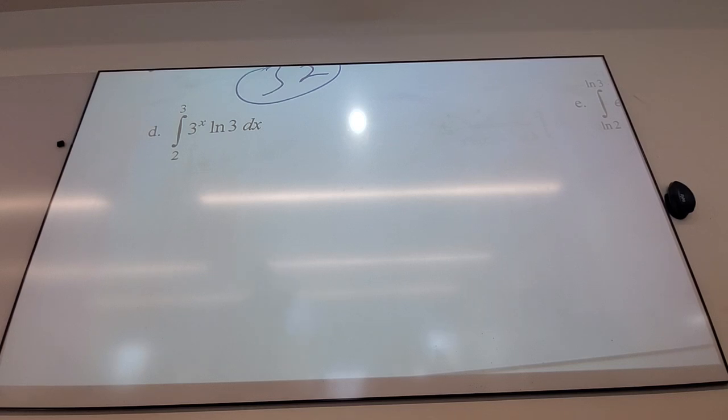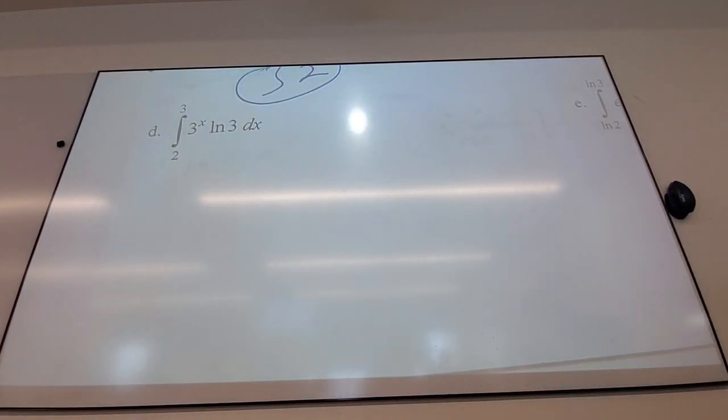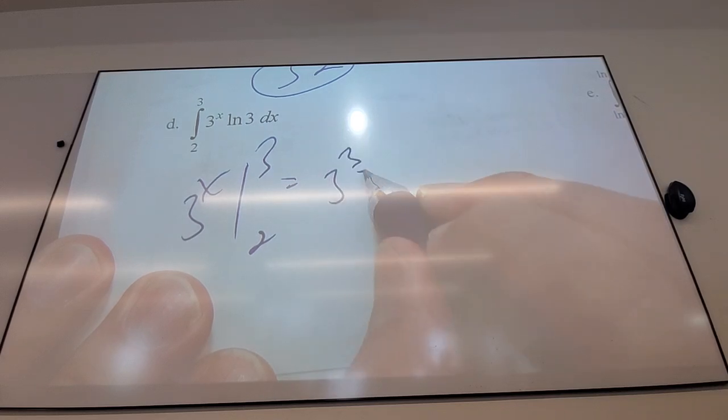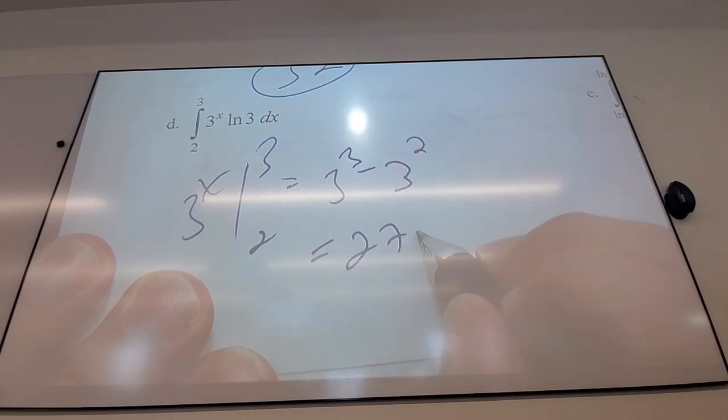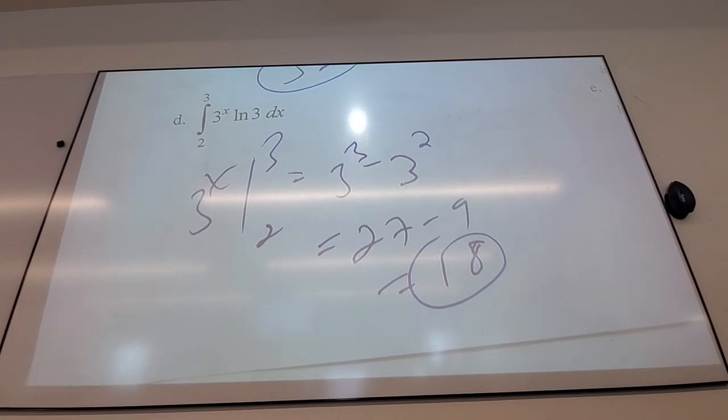So what's the antiderivative of 3 to the x natural log of 3? 3 to the x. Do you guys get that connection? So then I have to evaluate that from 2 to 3, 3 cubed minus 3 squared, 27 minus 9, 18. Is that okay?